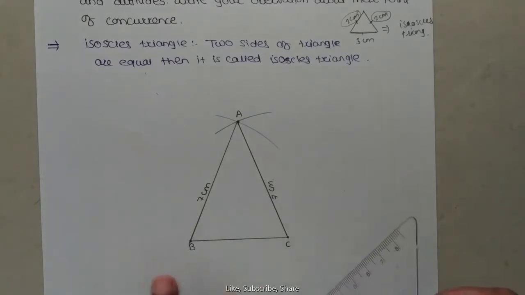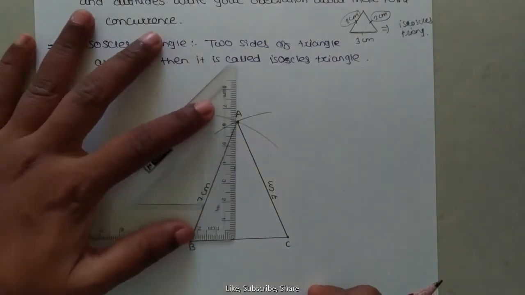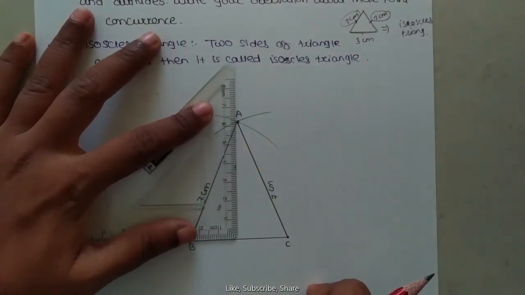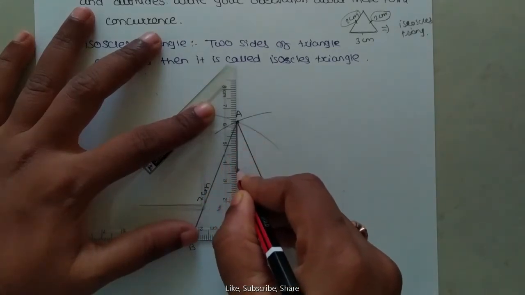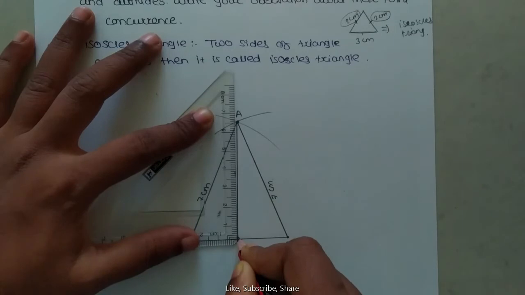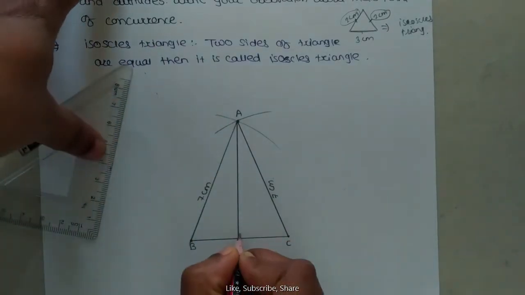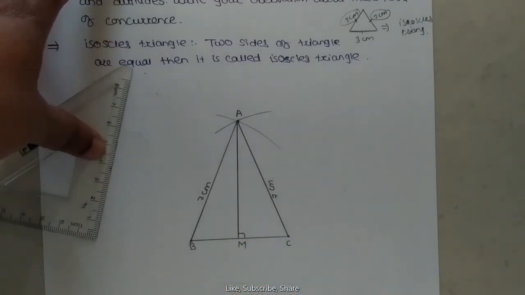First of all, draw the altitudes. When we talk about altitudes, we have to make a 90 degree angle, or draw a perpendicular line. So draw one perpendicular line here, and name this point, suppose, M. So AM is the altitude.